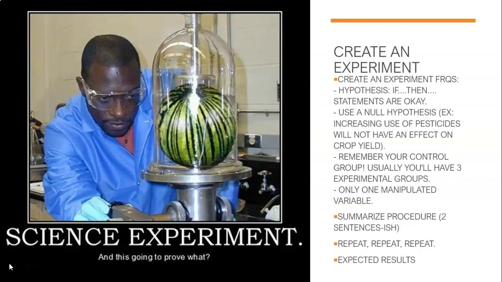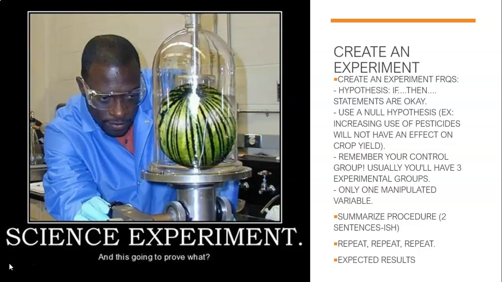One group will get no fertilizer. Then you'll try at least 3 experimental groups: fertilizer 1, fertilizer 2, fertilizer 3. It doesn't matter if they're 3 different types of fertilizer or if they're different strengths of fertilizer, but try to have 3 experimental groups if you can. And make sure it's only one manipulated variable, okay?